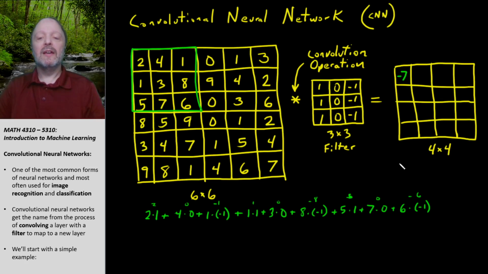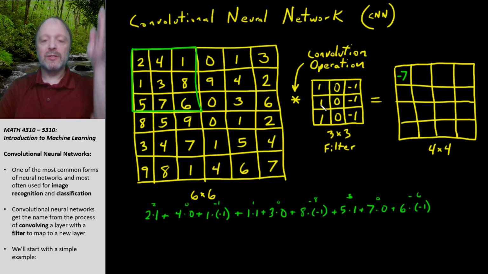Okay? So what I also want to point out before we do the next one is these values as we go down the columns of our 3x3 filter are the same.